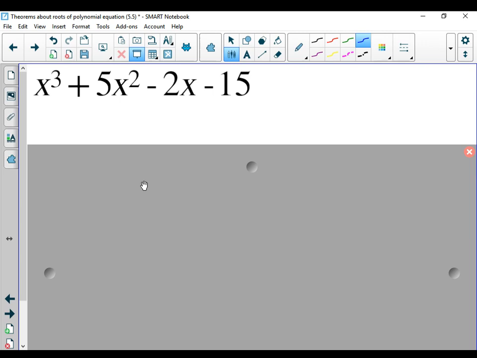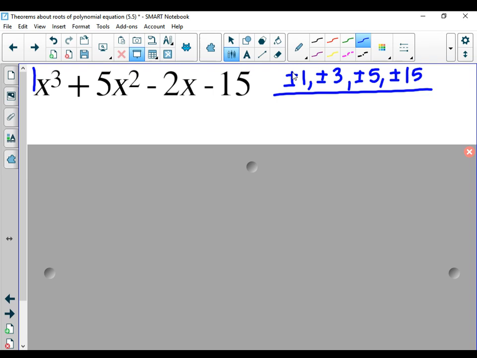So if I look at 15 and I say, well, 1, 3, 5, and 15 go into 15. And I can have the positive and the negative version of that. So that's why there's plus or minuses. Thank goodness my leading coefficient is 1.